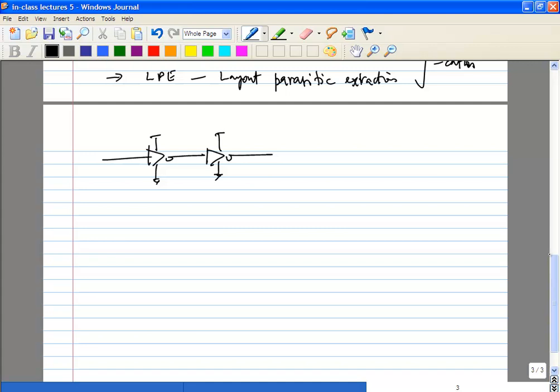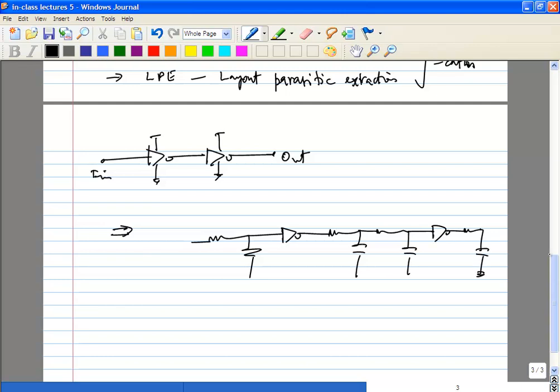Whereas what you actually have is more like something like this, because any connection you make between the two is going to have parasitics.